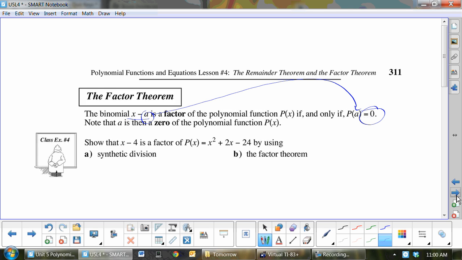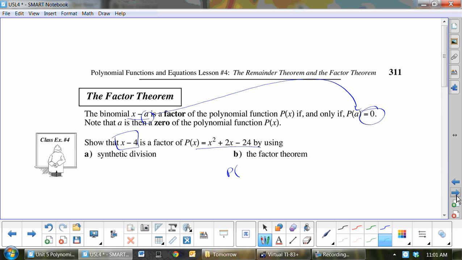So how would I find out x minus 4 is a factor of this? Now, long division was the long way. Synthetic division was the short way. Factor theorem is even shorter. Okay? So if you actually went through synthetic division and got 0, that's proof right there. The factor theorem, we would just put in what to see if it works?